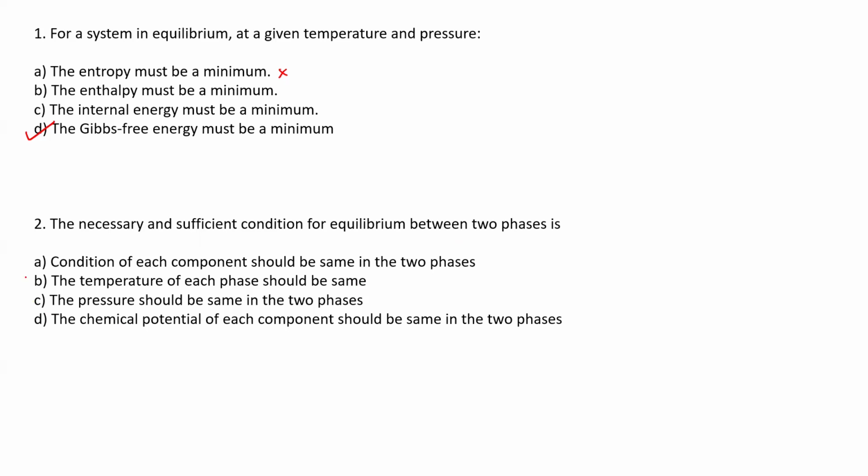So this is not correct because this will be thermal equilibrium. The pressure should be the same in the two phases. No, this will be mechanical equilibrium. So this is not correct. The chemical potential of each component should be the same in the two phases.